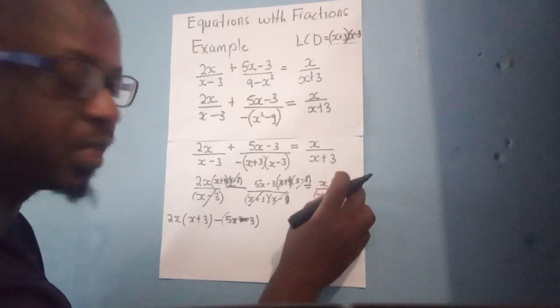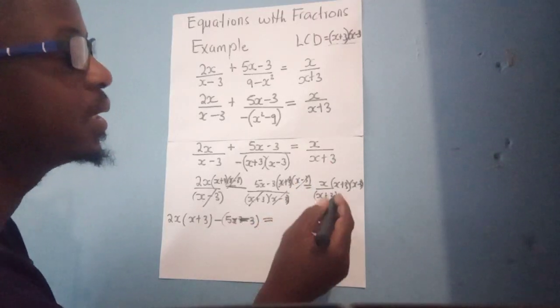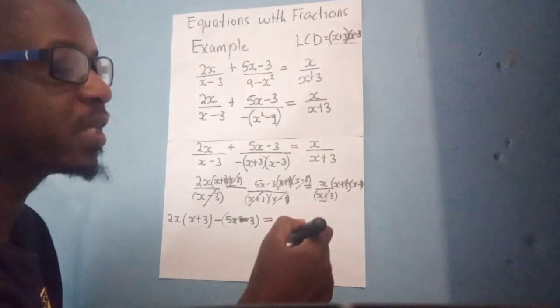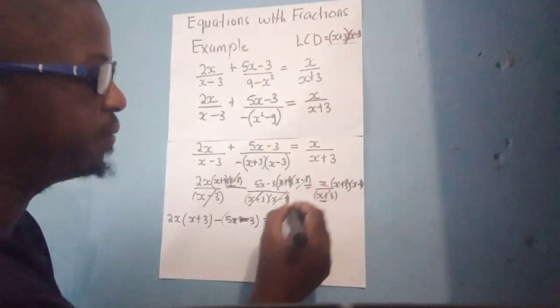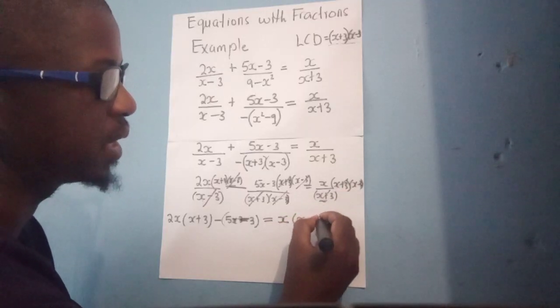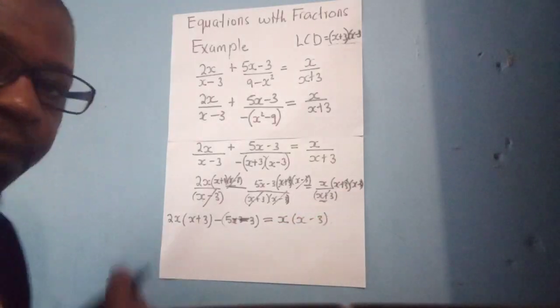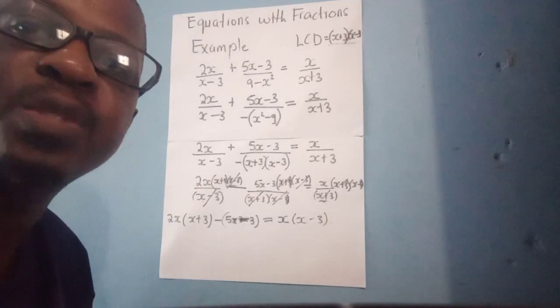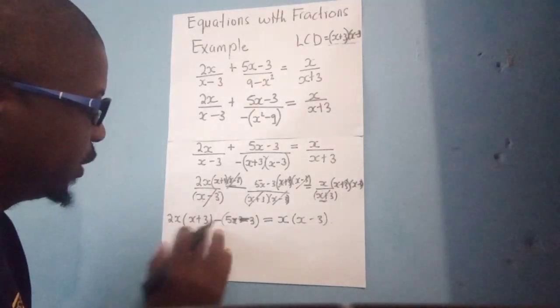Let's consider this one on the right hand side. I also find out that x plus 3 and x plus 3 cancel. So I have x which remains, and also x minus 3 remains. I hope you guys are following and my handwriting is not so small. Now what do I do here?